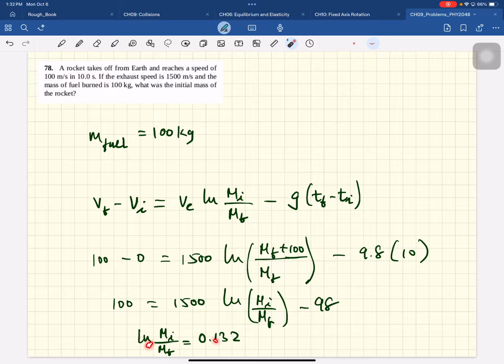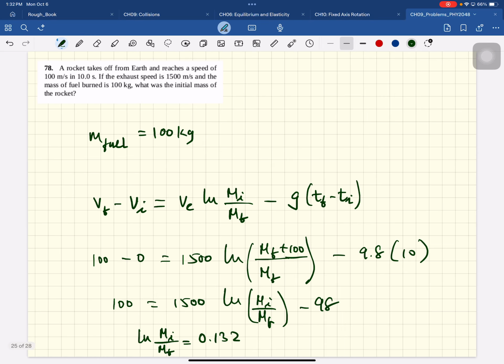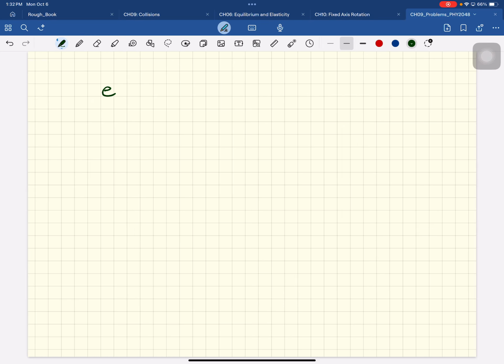So e to the power of that is that. So e to the power of 0.132 is mass initial over mass final.